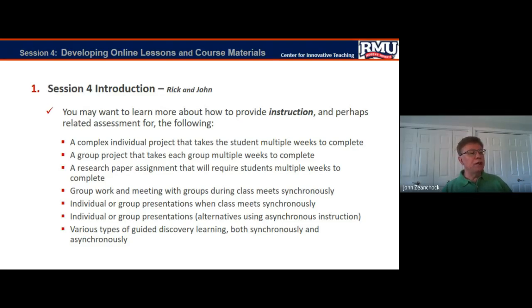Student or group presentations, alternatives using asynchronous instruction. In other words, if you decide you want to go asynchronous, you don't want them to present in real time because you're in an online class and you can't get everybody together at common times for that, there are other alternatives. I've used, for example, things like having them work in groups to create narrated PowerPoint presentations that then I collect and give back to students so that they can review each other's group work and then comment on them in discussion boards.